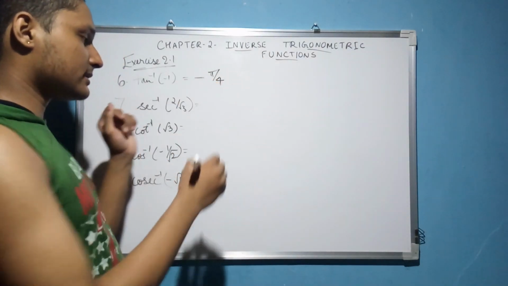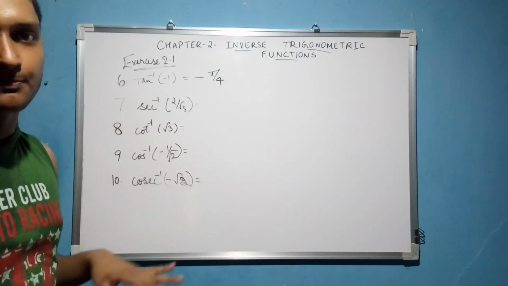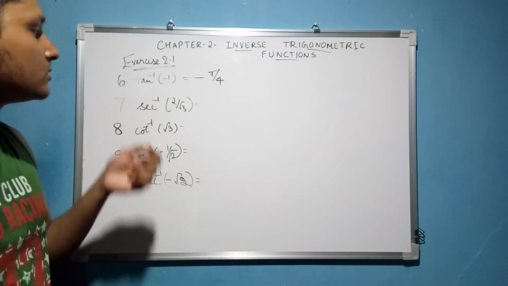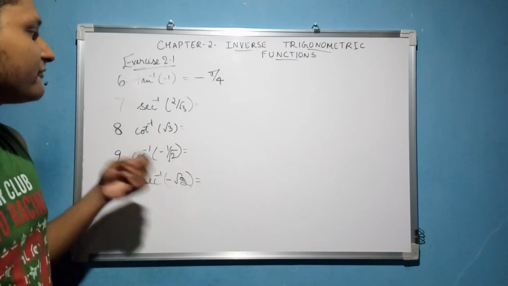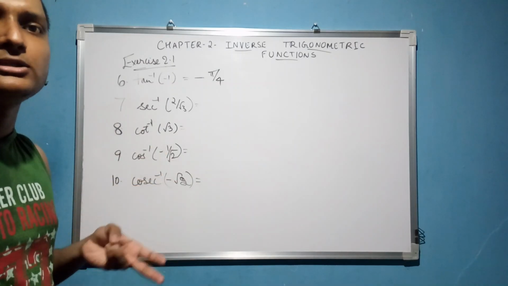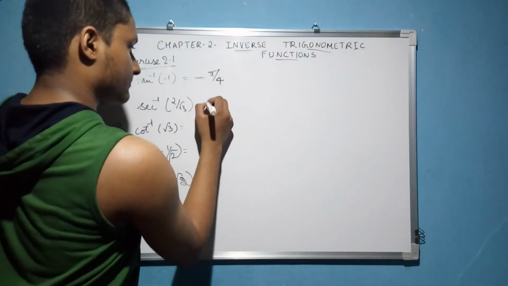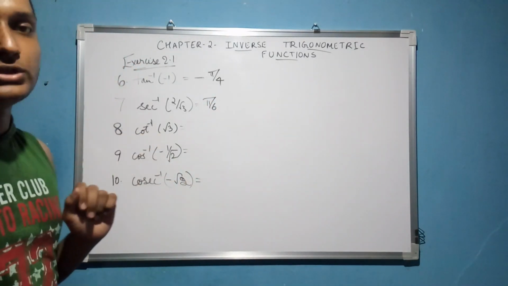So it is minus pi by 4. Now you have sec inverse 2 by root 3, it is positive. So cos of some function is root 3 by 2. Only in such a case, sec of that function will be 2 by root 3. So if cos of that function is root 3 by 2, then it should be 30 degree. 30 degree stands for pi by 6. Okay. Next you have cot inverse root 3.